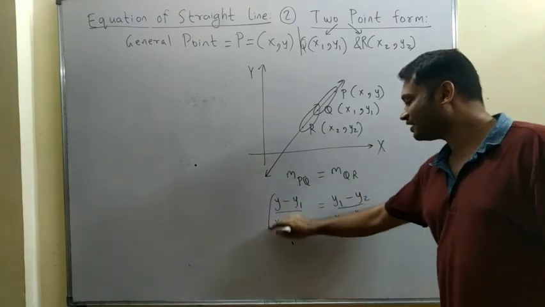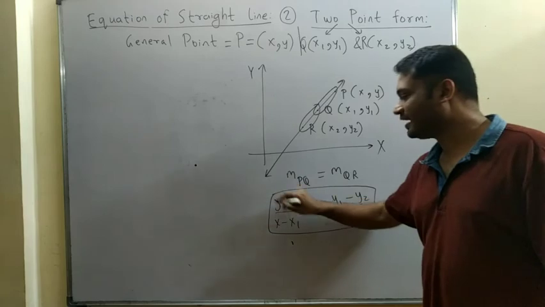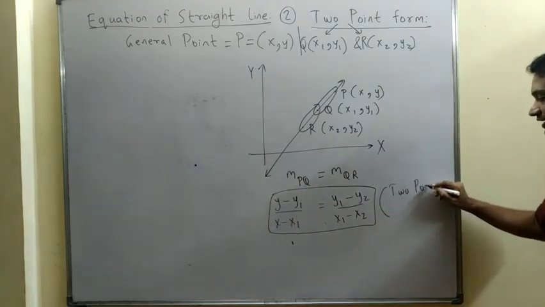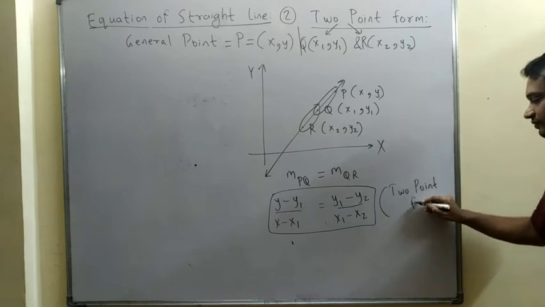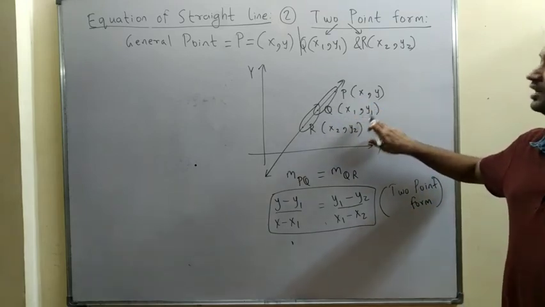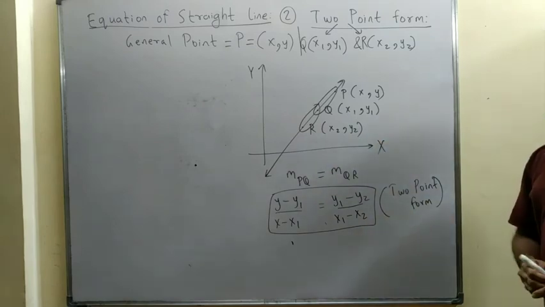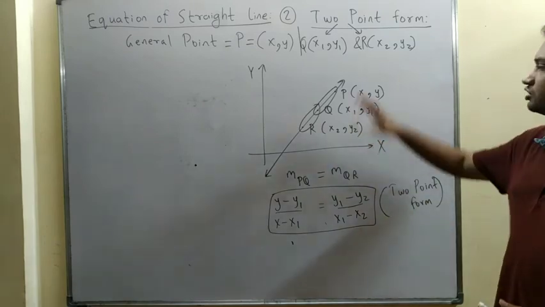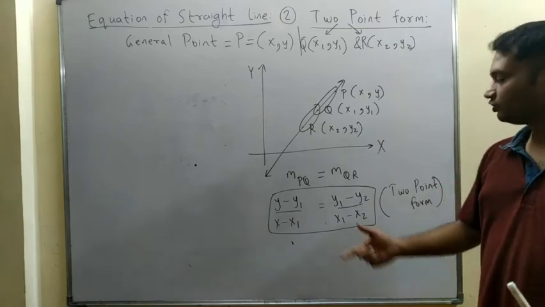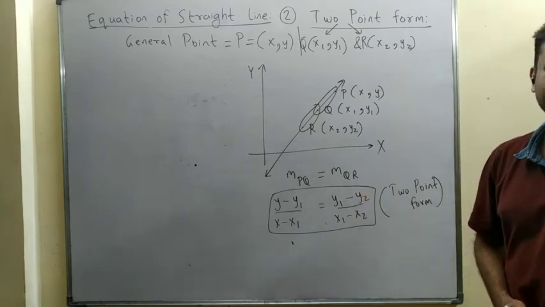So this is the equation of a straight line in two-point form. So if you see carefully, here we have two points. One is x1, y1, which is a fixed point. Another is x2, y2, which is another fixed point. So this is how we use the equation in two-point form to find the equation of a straight line.